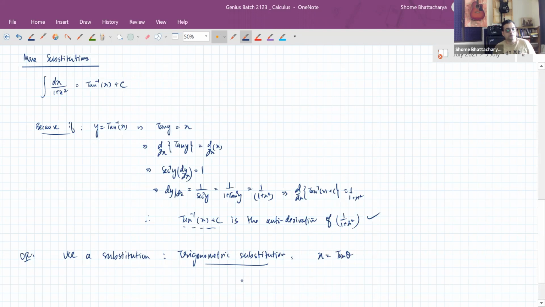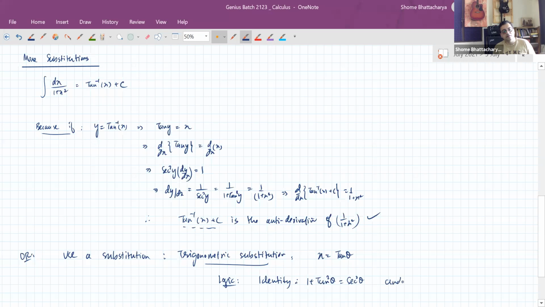Now, what is the logic of this substitution? The logic is the identity that 1 plus tan square theta is equal to sec square theta.